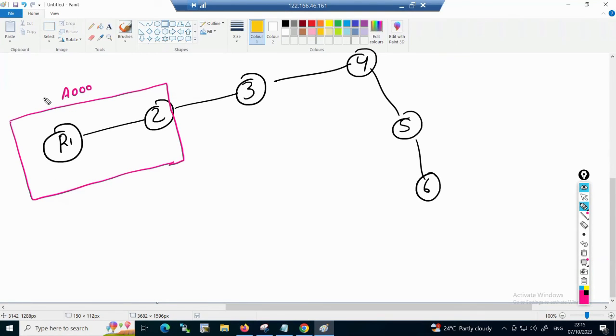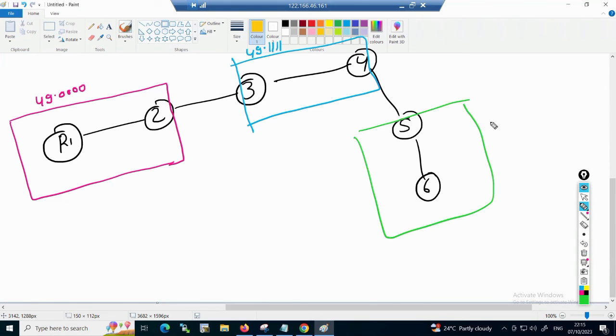So 49, that's my AFI, and the area 000. So I can call it this way. Right? Same way, I can call this guy 49, is the area 111. I can call this guy 49.2.2.2.2. If you see one thing over here, what?